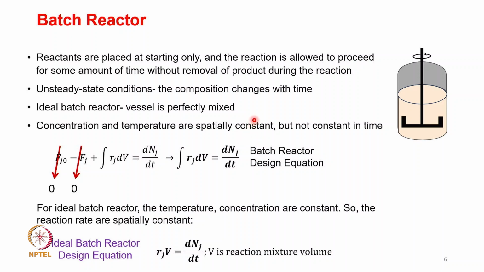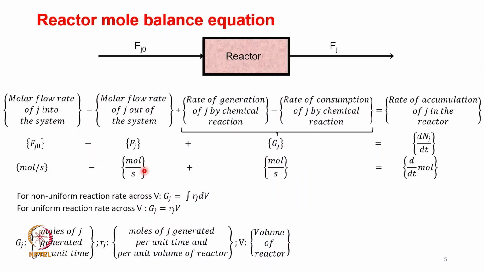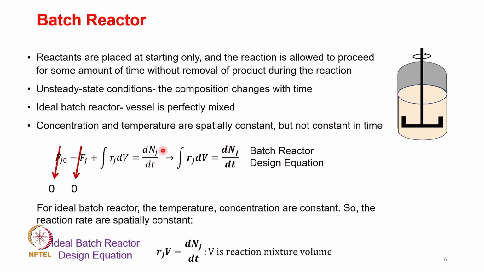So you have charged the reactor, so there is nothing like Fj0 and Fj, since it is already charged. The remaining term in your reactor equation would be the integral of Rj dV, which corresponds to this particular term, equal to dnj by dt.